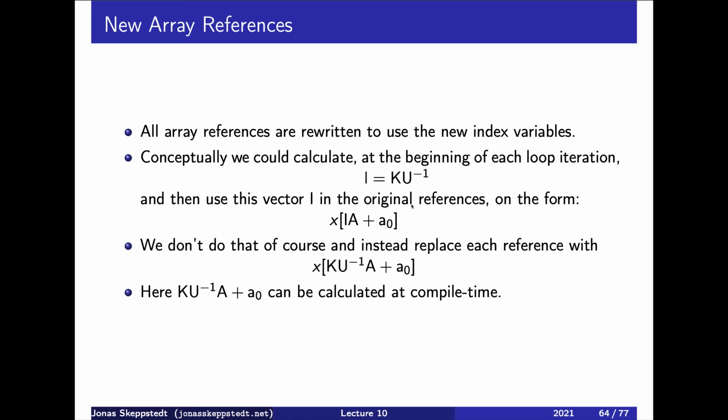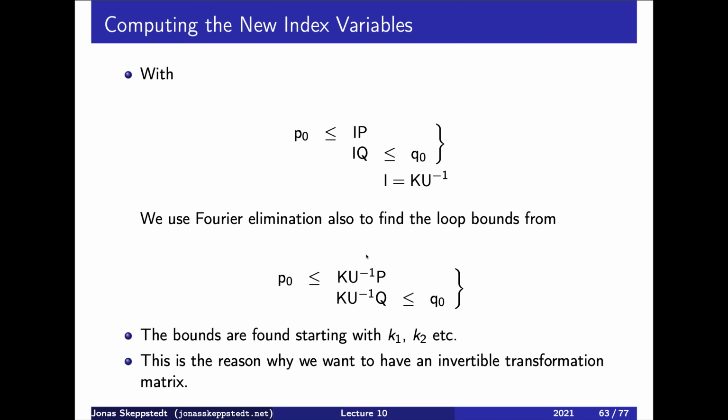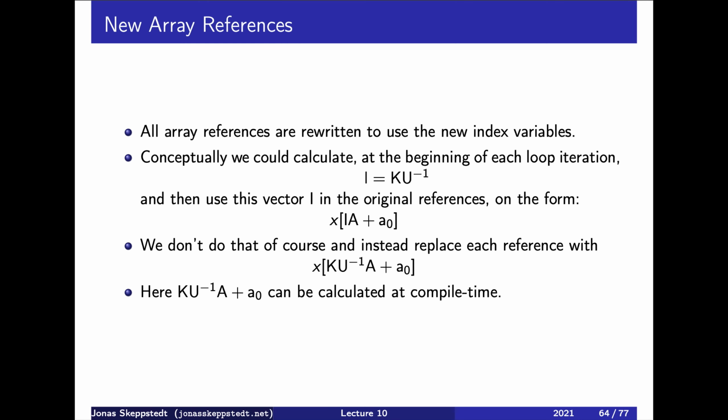So what we instead do is to let the compiler compute the new array reference, since the array reference is expressed as the loop variables times a matrix plus a vector. So we will compute a new matrix like this, and that can be done at compile time.